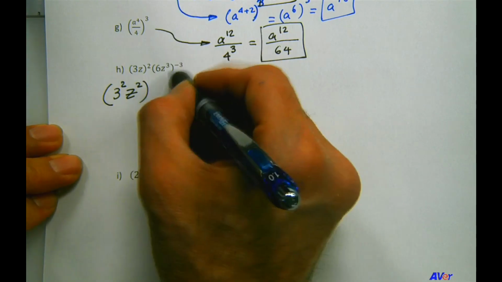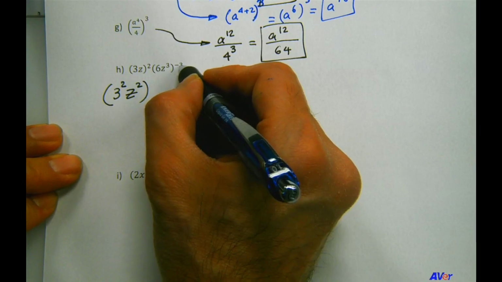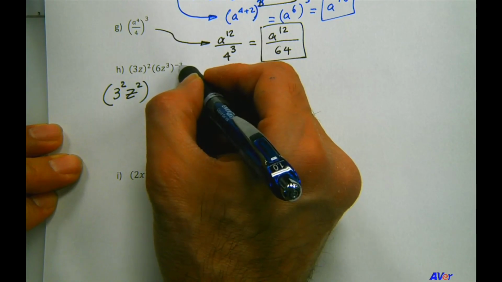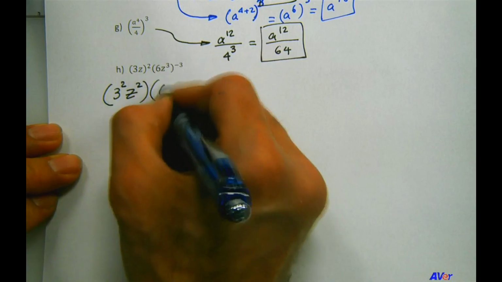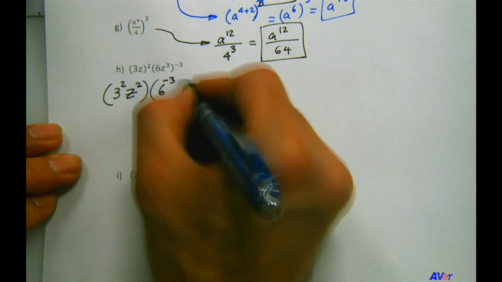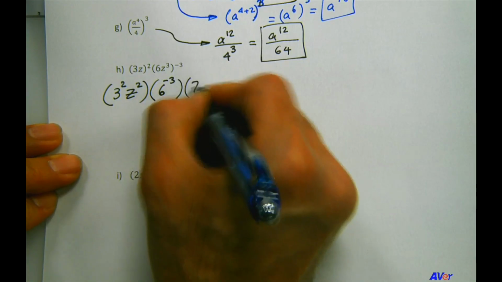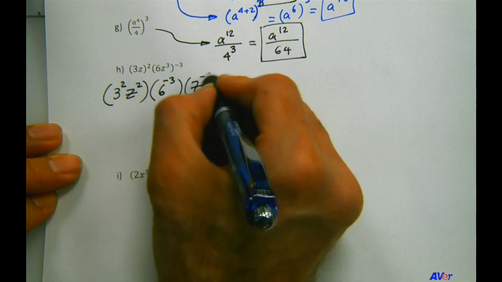Like that. So now let's distribute this minus 3 into both terms on the inside. So we have 6 to the minus 3 power times z to the minus 9 power, right? Are you going to leave it like this?